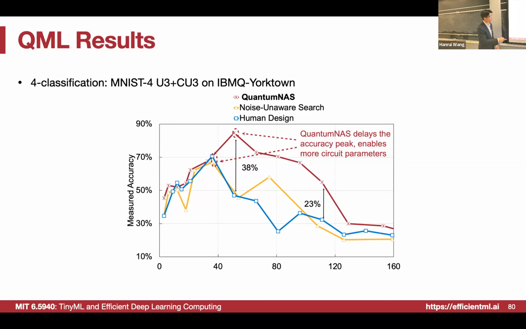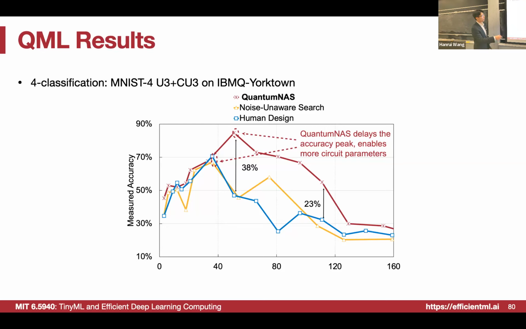First of all, a very obvious trend we observe here is that when we increase the size of the circuit, we first observe an increase in performance because of a larger learning capacity. And then after we further increase it, say to a much larger number of gates, because of the noise, we cannot get any benefit because noise will neutralize the larger learning capacity.